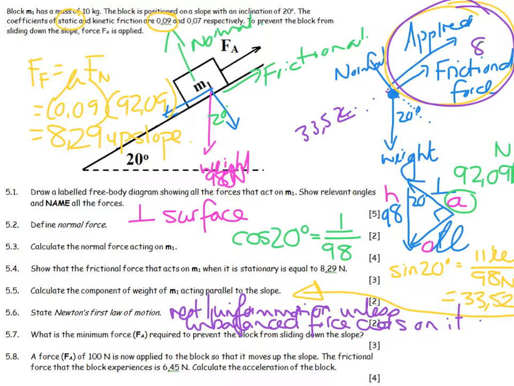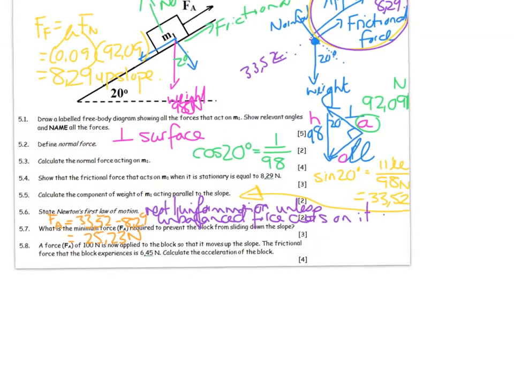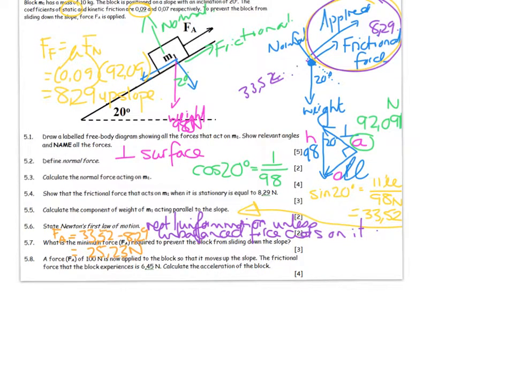We know the friction is 8,29, so therefore the FA that we are going to be calculating over here is going to be equal to the entire force, which is 33,52, minus the frictional force, which is 8,29, and I land up with 25,23 newtons.